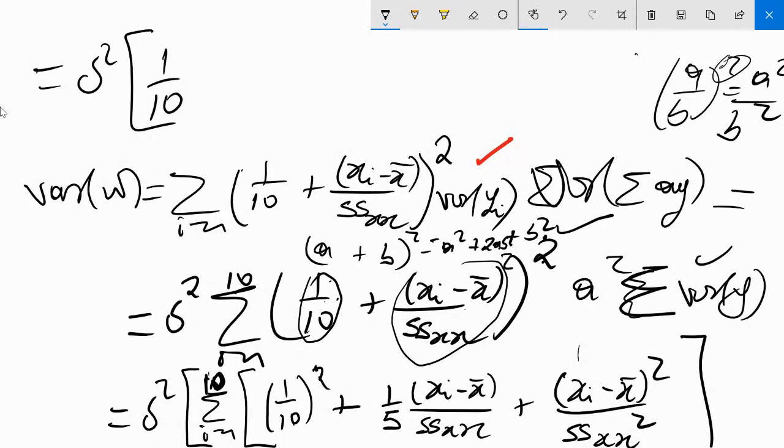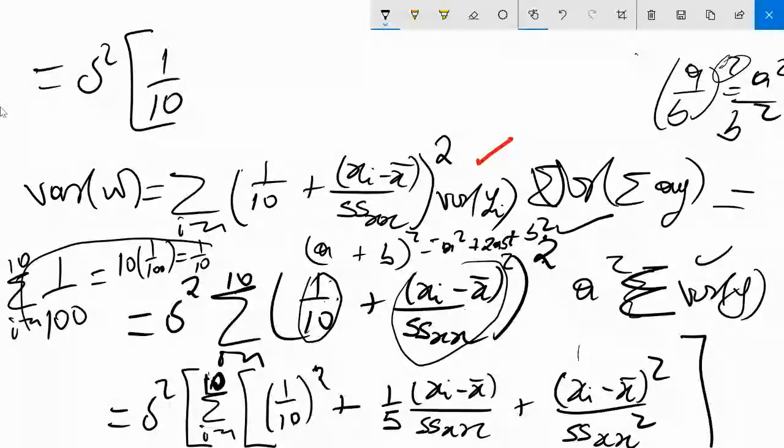No, sir. 1 over 10 squared is nothing but 1 over 100. So if you sum 1 over 100 10 times, it means you are going to have 10 multiplied by 1 over 100, and that will give you 1 over 10. So this one will give us this.